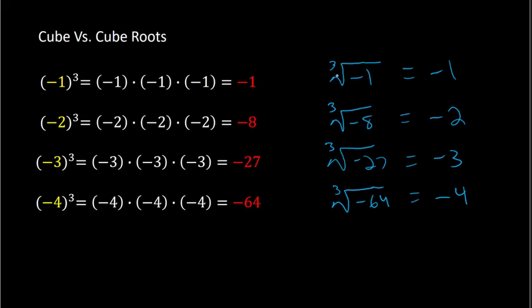With square roots, like the square root of negative 1 for example, we have no real solution if you have the square root of a negative number. We would say this is not real, or imaginary. That's true for any square root of a negative number.